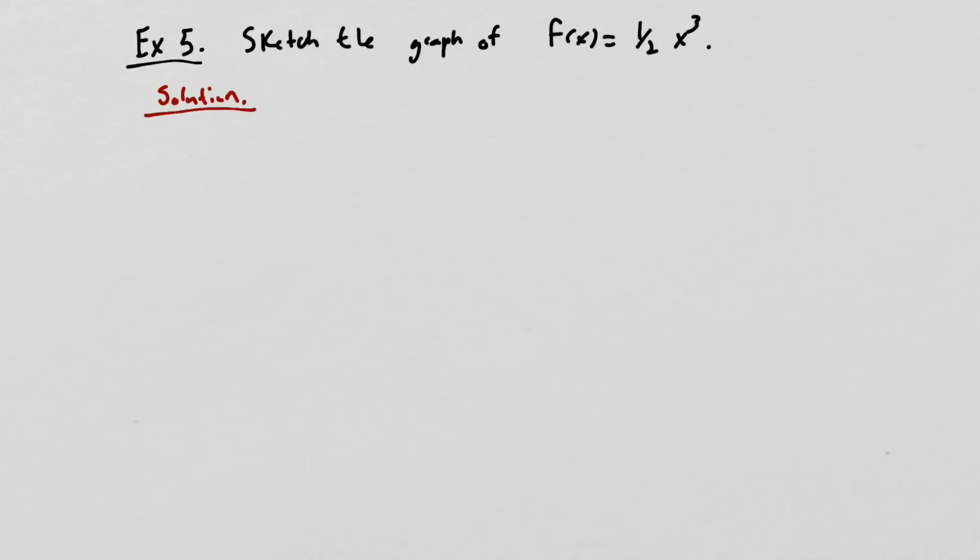In this example, let's go ahead and sketch the graph of f of x, and we'll also sketch the graph of x cubed. First, let's go ahead and just input some points here. For our first points, we'll be looking at input values of x, and our output values are going to be given by x cubed. And let's just go ahead and look at -2, -1, 0, 1, and 2.